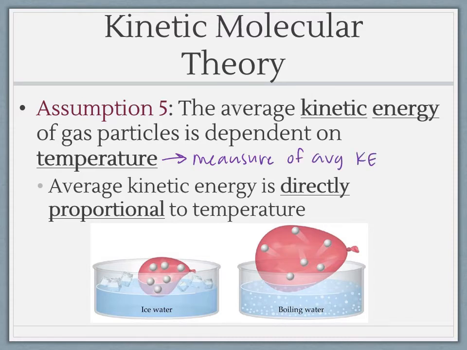So if temperature is just a measurement of average kinetic energy, then of course it's dependent on it. And so average kinetic energy is directly proportional to the temperature. So again, it makes sense if that's what it measures. So in other words, as the temperature goes up, the kinetic energy or the movement of the particles is also going to go up.